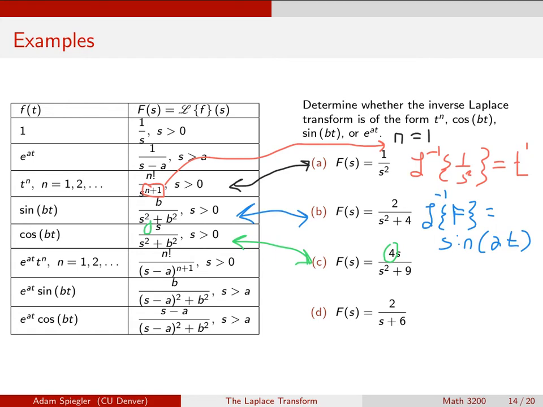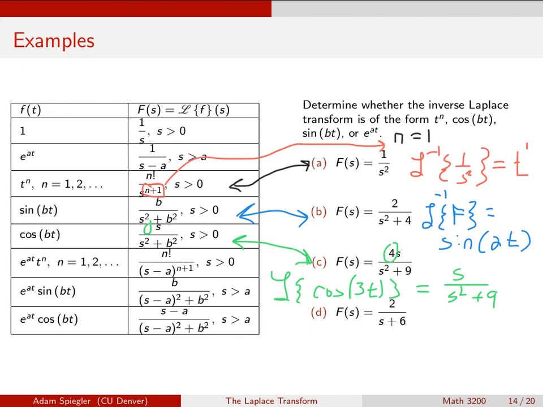So if I were to take the Laplace transform of the cosine of 3t, then what this table tells me is I would get s over s squared plus 9. And I'm missing this 4 that we need.